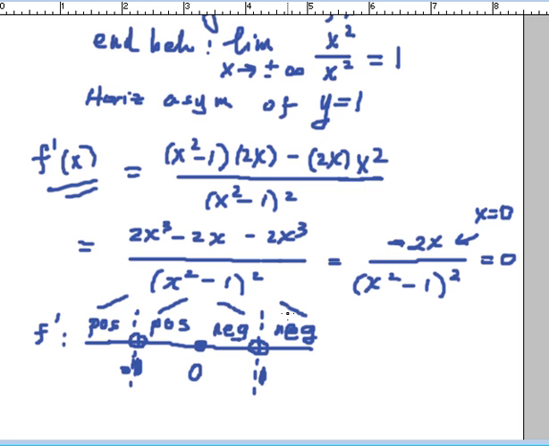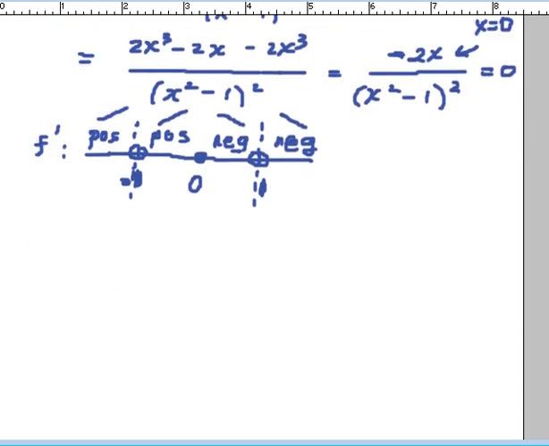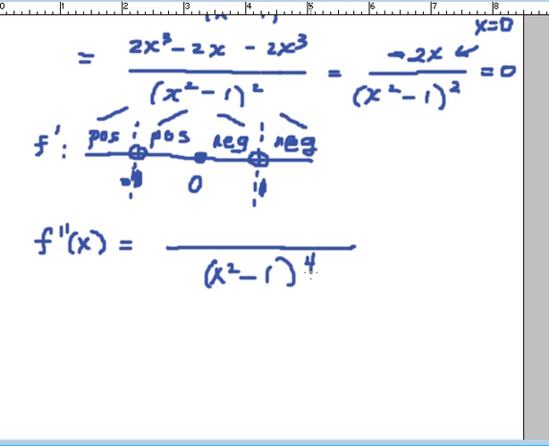All right, let's look at f double prime. Okay, so we're going to differentiate this with the quotient rule. All right, so we square this denominator. So here we have, in the denominator, x squared minus 1 to the 4th.